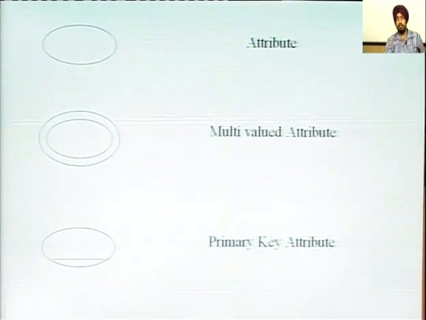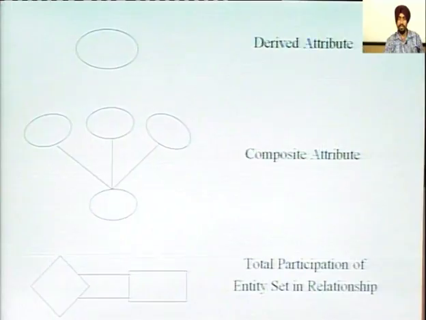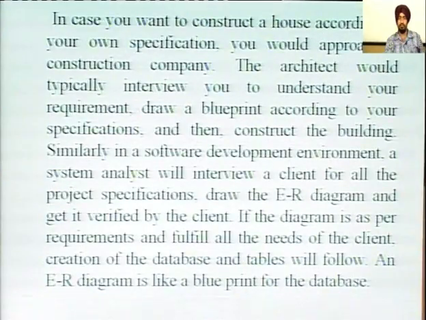An oval is an attribute. A double oval describes a multi-valued attribute. A line under the attribute in the oval means the primary key attribute. A dotted oval is called a derived attribute. If an oval is divided into parts, then this is a composite attribute. If a diamond box and entity are connected by a double line, this is the total participation of the entity set in a relationship.